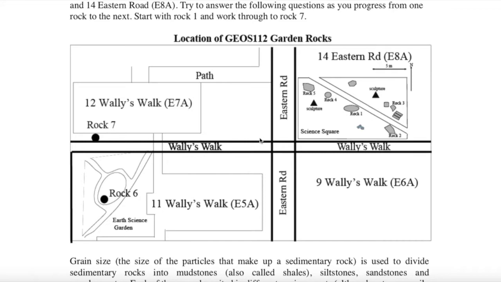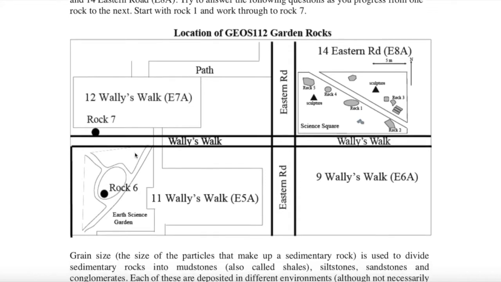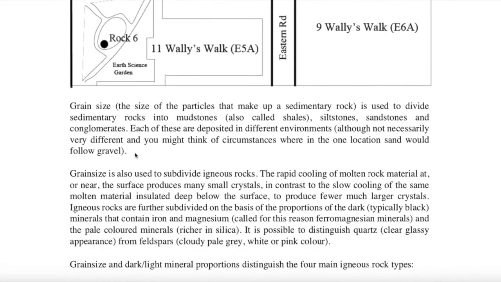Then we take a tour back up Wally's Walk to near the teaching labs, to the Earth Science Garden, where we look at a particular rock just there, and then via a couple of little detours we'll end up looking at another rock which is hidden in the vines down here. They constitute our 7 rocks that we're going to be talking about in our walk through the rock garden.